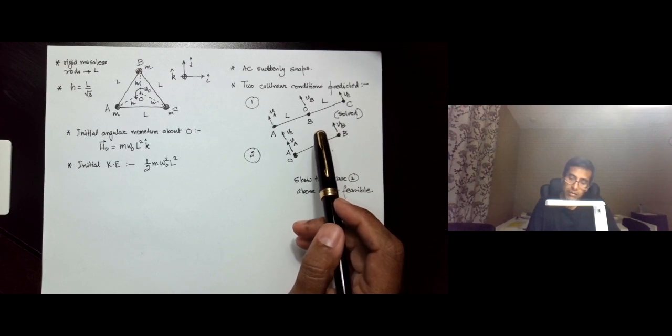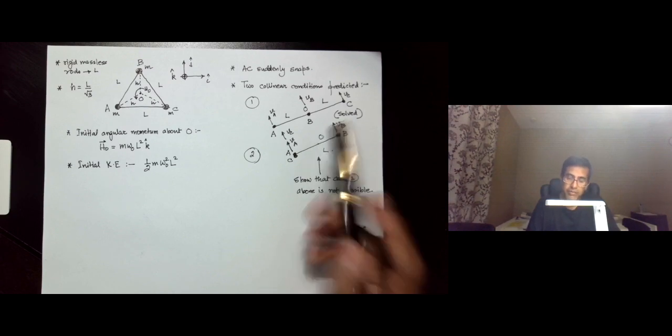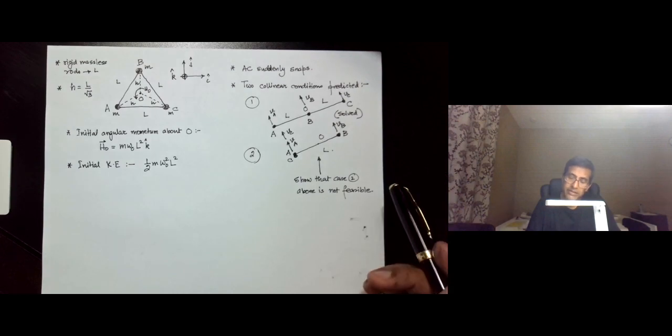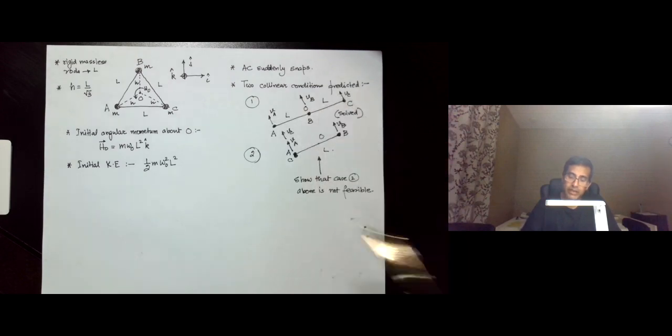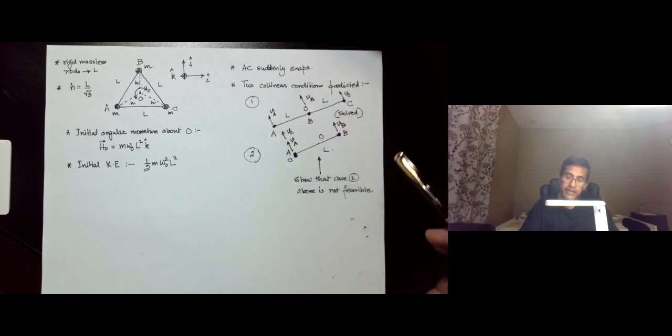So the first part of this problem that we have already addressed is to find the velocities of A, B and C when these three particles become collinear. And in this configuration, B is at the center and A and C are on either side.